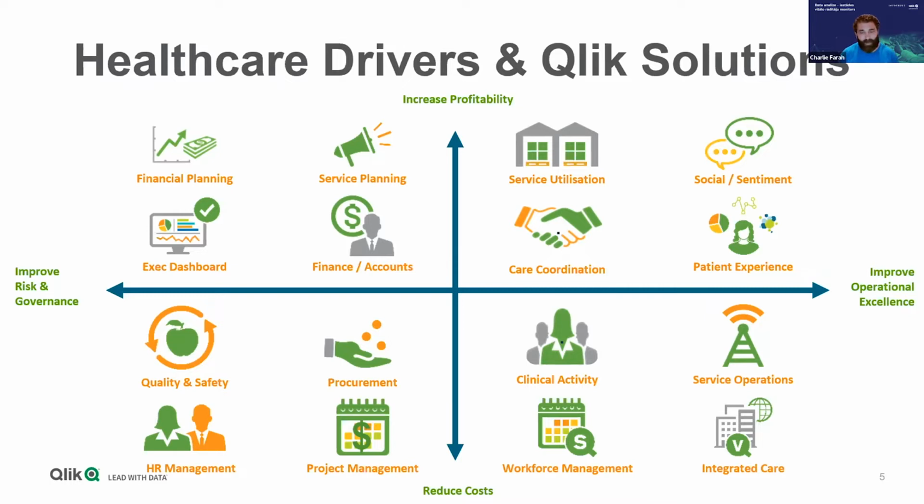So depending on where your priorities are and what your focus is, if your major priority for your health services is to improve operational excellence, you might want to focus on developing applications around your patient experience or service operations or utilization. If you're looking at reducing costs to become more efficient, stretching the dollar further, because everyone's got a finite budget, there's a higher cost of care, and the age of living is also increasing, so there's more demand on the health system.